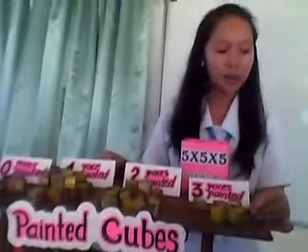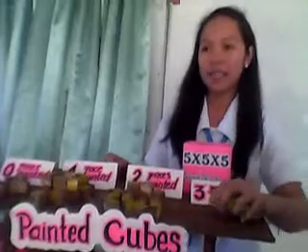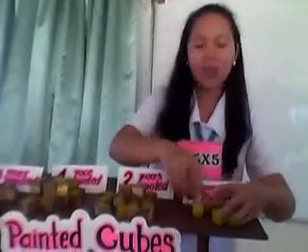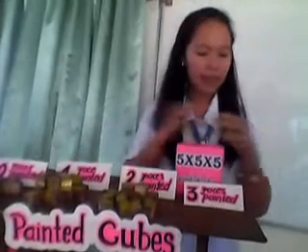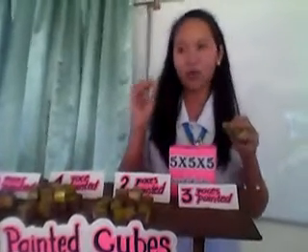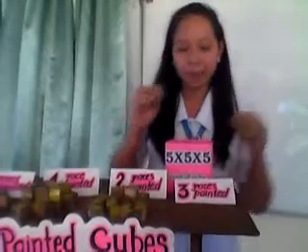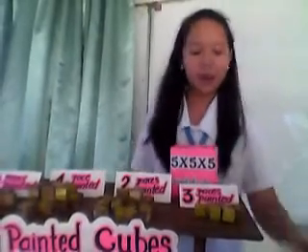So I found out that the number of cubes which have 3 faces painted is a constant number, 8. So in different sizes of cubes, there are 8 cubes with 3 faces painted. So it is a constant 8.